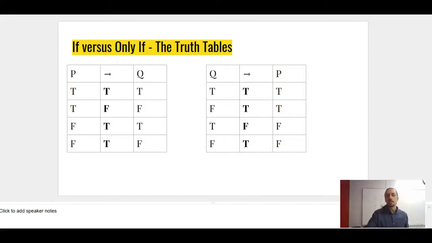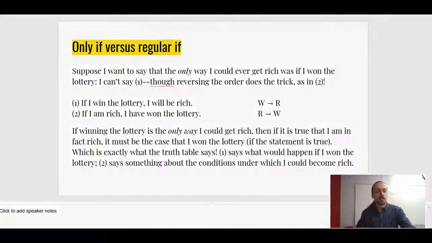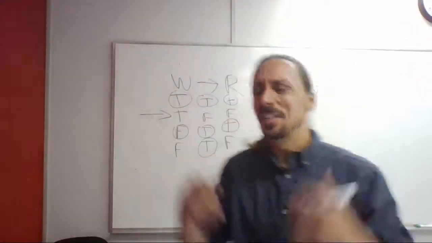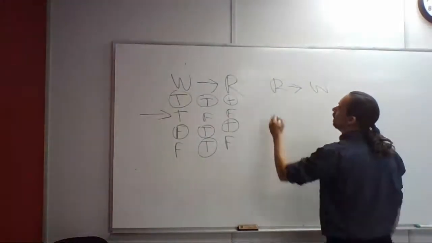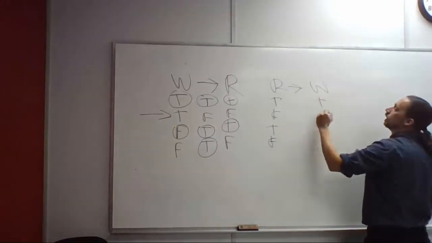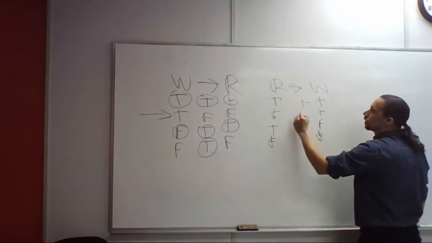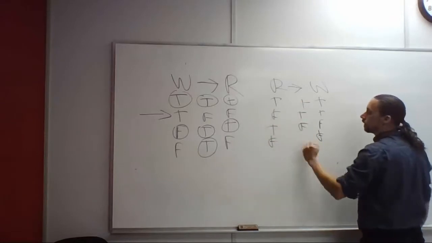Right. This is the if versus only if truth table. But why don't I write it out anyway, because I think it's more natural if I do things on the board. So we're just going to keep the T and F the way it was before. Right, so true, true, false, false, true, true, true, false, true, true, true, false, false, false, false, true.